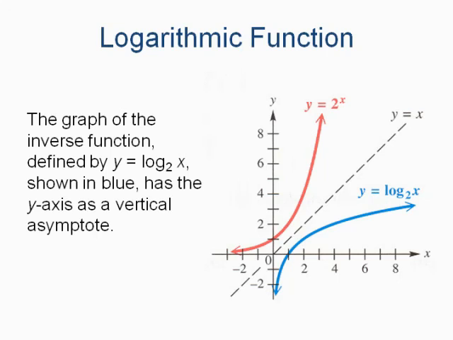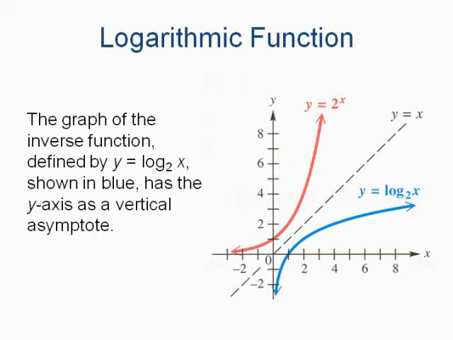So the graph of the inverse function defined by y equals log base 2 of x, shown in blue, has the y-axis as a vertical asymptote. So remember when we were graphing exponential functions, we had a horizontal asymptote, the HA.